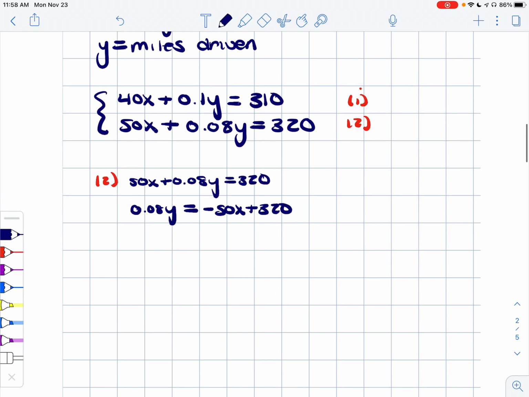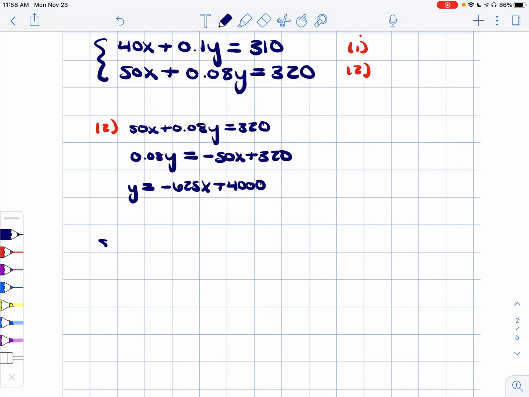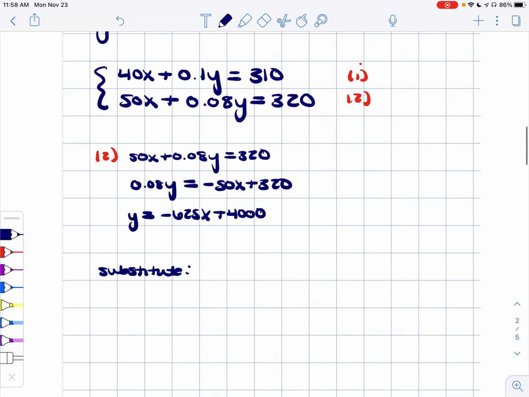And then if we divide by the 0.08, we're going to end up with y equals negative 625x plus 4,000. All right, so then that we can substitute back into our other equation.